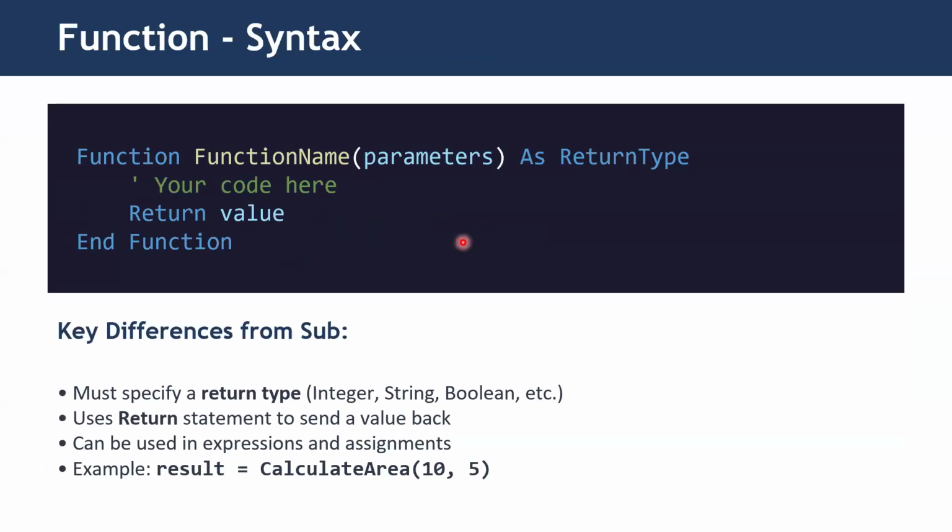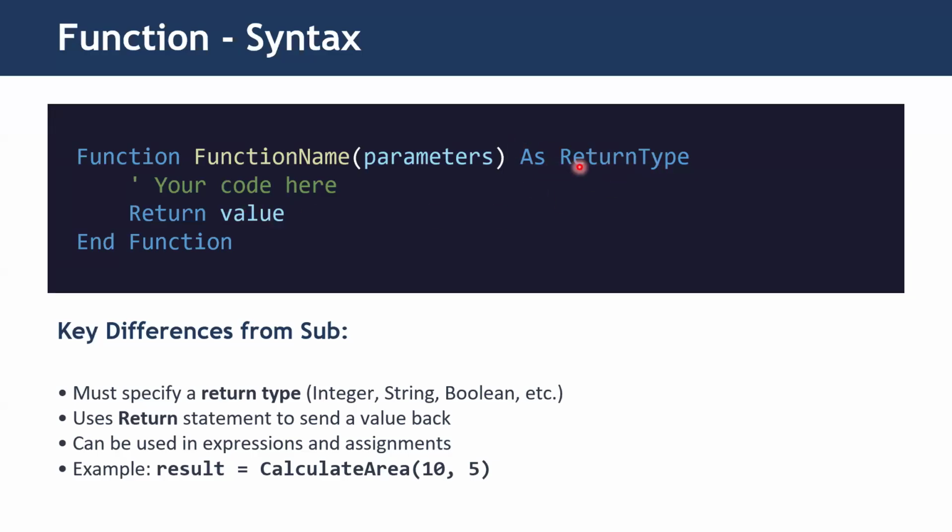A function has this structure too. So you have the keyword function, the name of the function, the parameters, and the return type of the function. So when the function runs, how is the function going to save its data? So remember, the function is supposed to return a value. So we need to know what kind of data type the return value is.